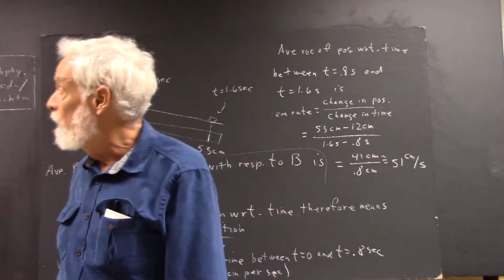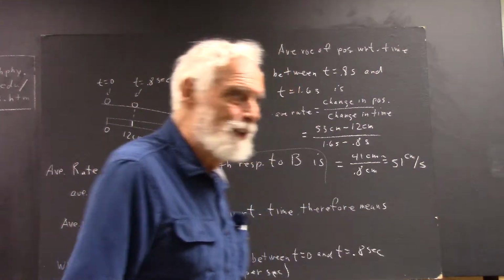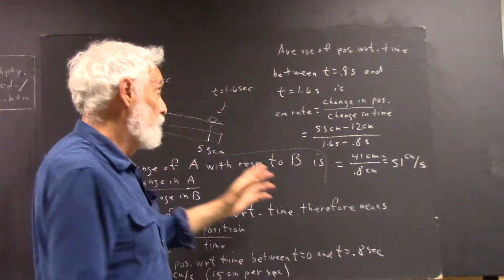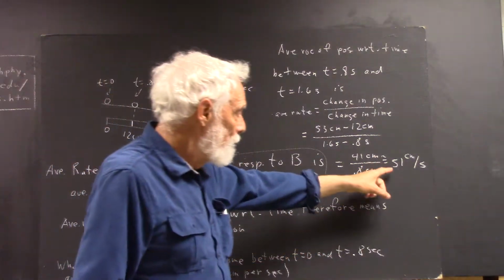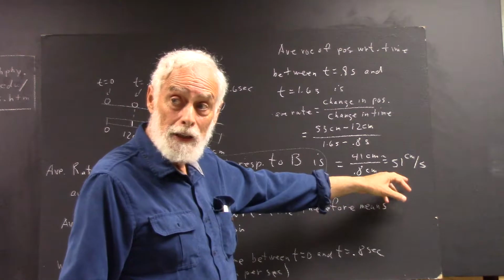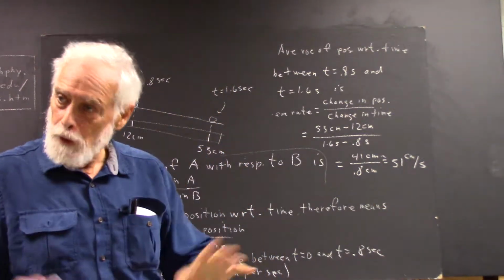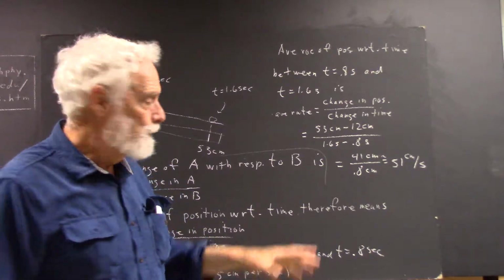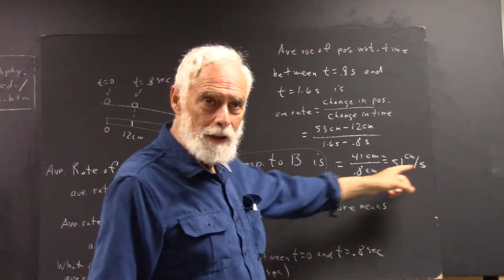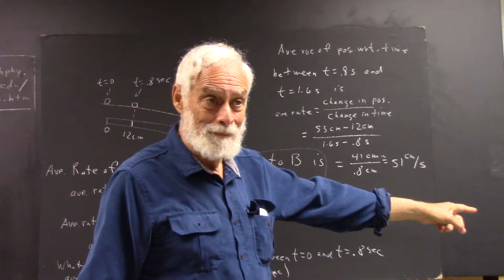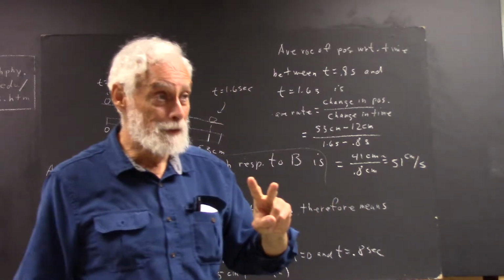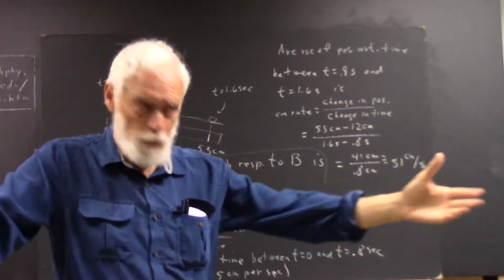Okay? Your observations are not accurate enough to justify any more than just 51. They're actually not accurate enough to justify any more than just saying 50. Don't worry about that later. But there's no point in writing out 17 significant figures here. Two significant figures is about the best we can determine from what we were doing.